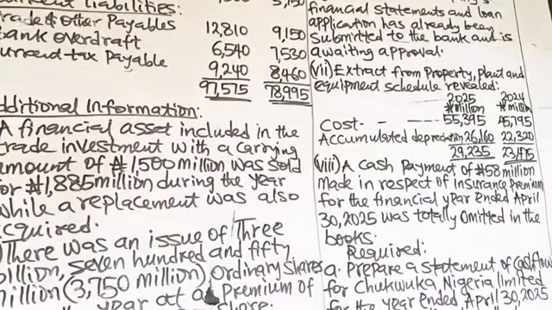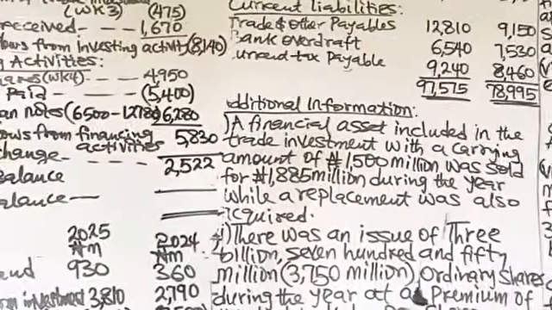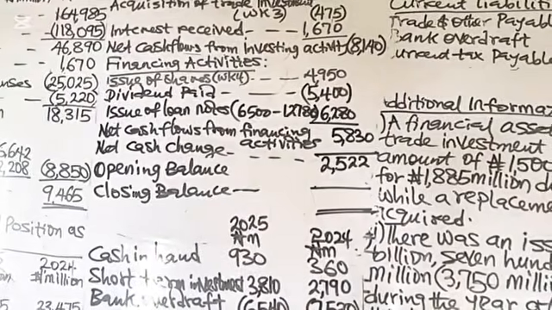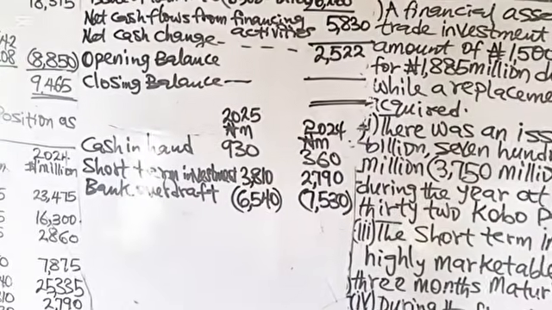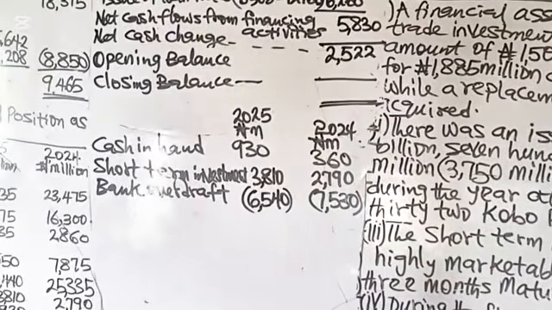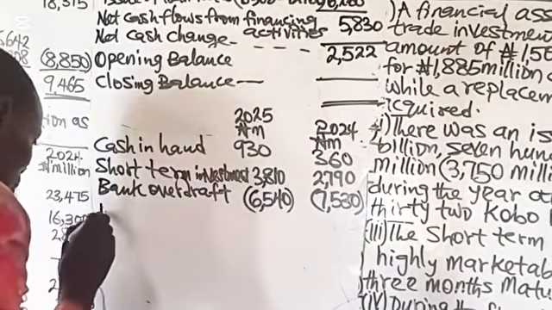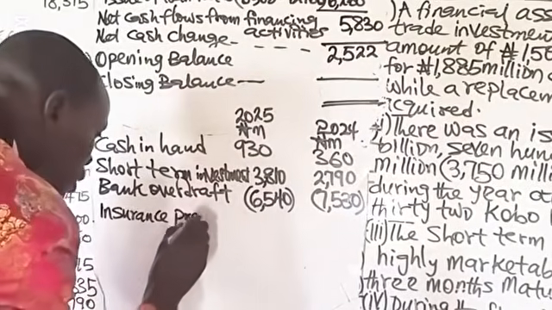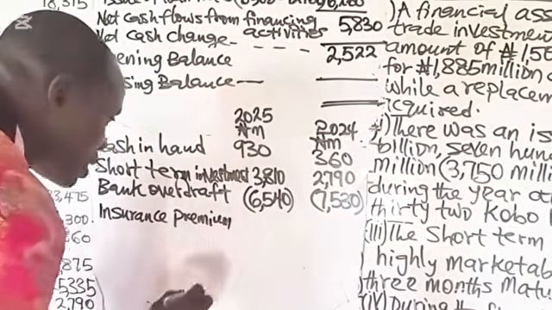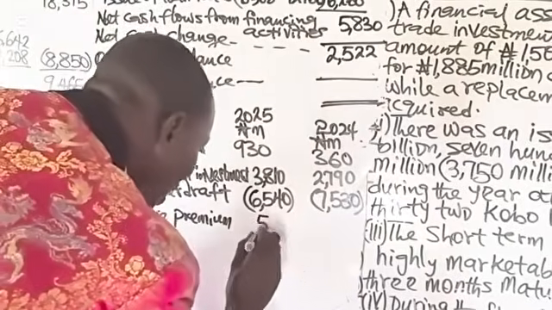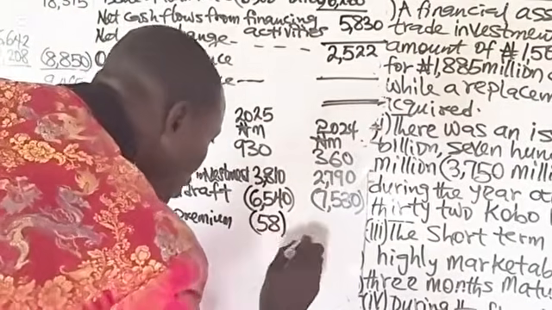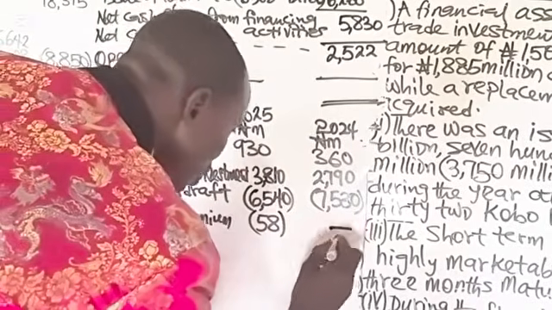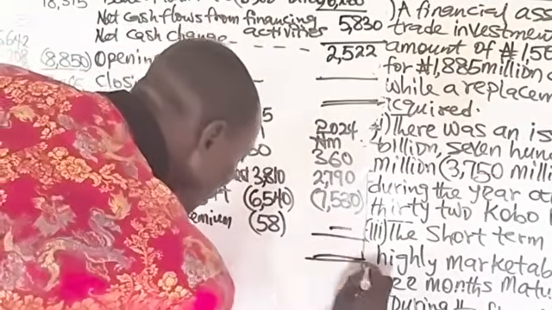Since it will be credited to cash, that means cash will be reduced by the amount of insurance premium paid. So we want to include that in our cash or cash equivalent. So insurance premium, we are subtracting it from cash. So 58 million occurred during the period. That is why you reduce the closing cash balance. The opening balance is not affected.